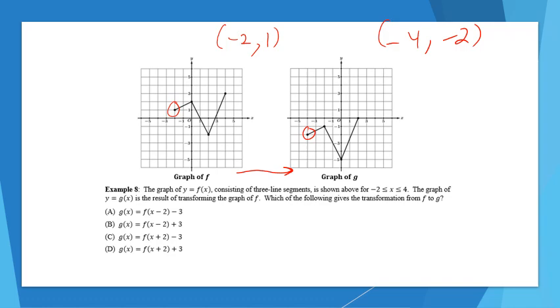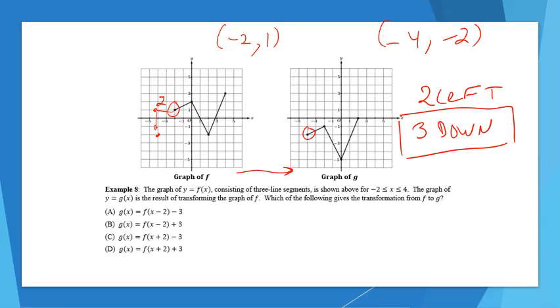So I see the x coordinate, if I plot that here, this is where that moved. So we moved to the left 2 units. And then we also moved down 3 units. So 3 down.